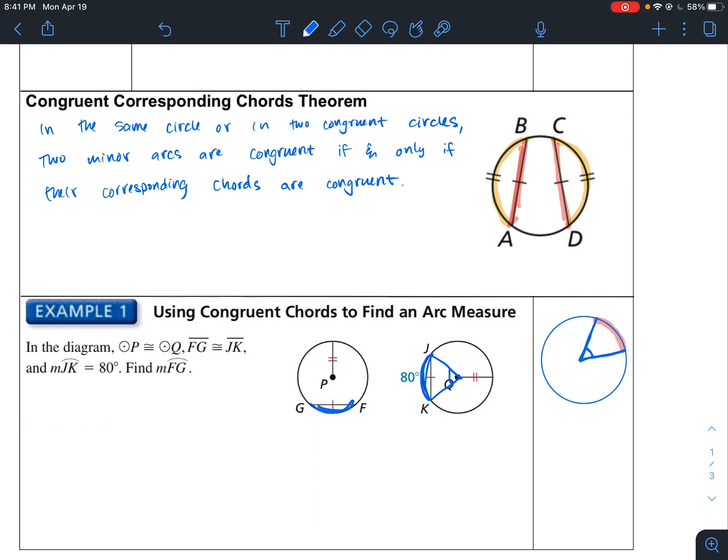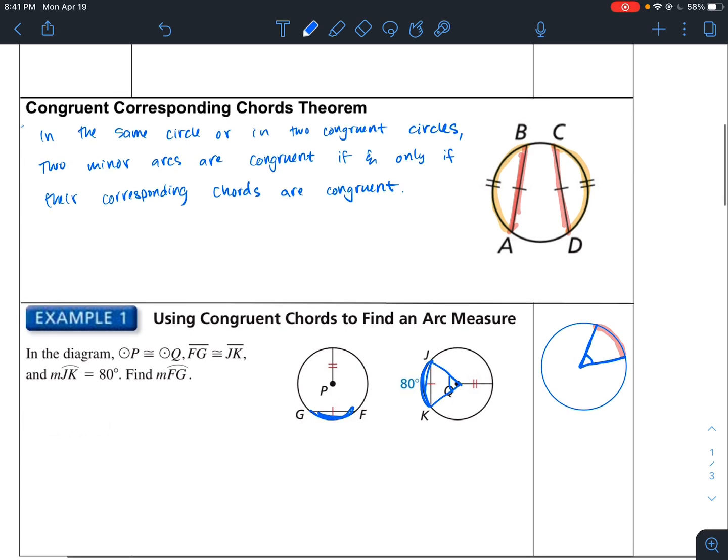Okay, now it follows directly from this congruent corresponding chords theorem that this has to be the same measure, because we know that FG is congruent with JK, and we know that these two circles are congruent.